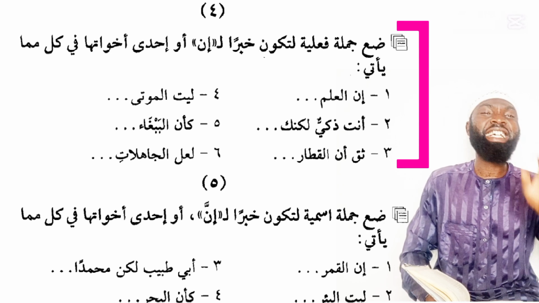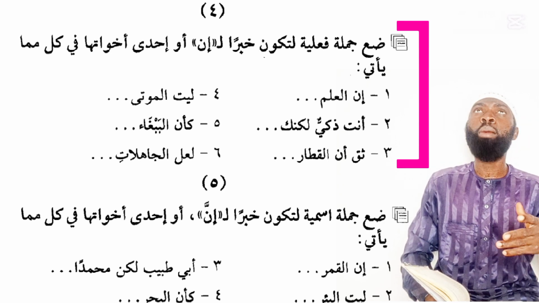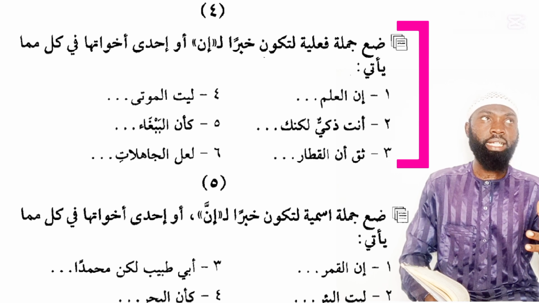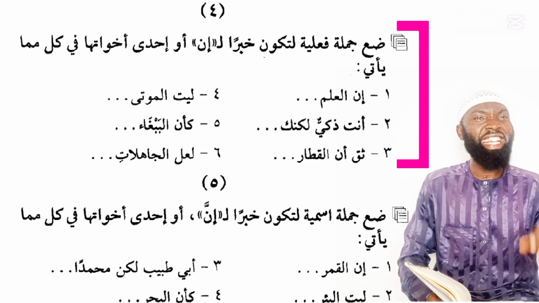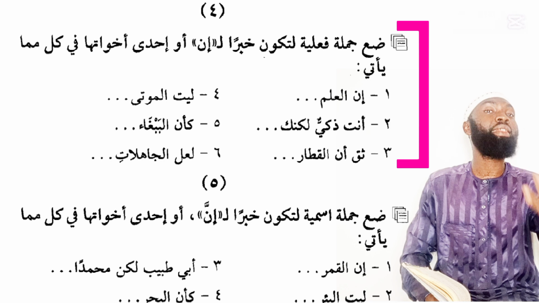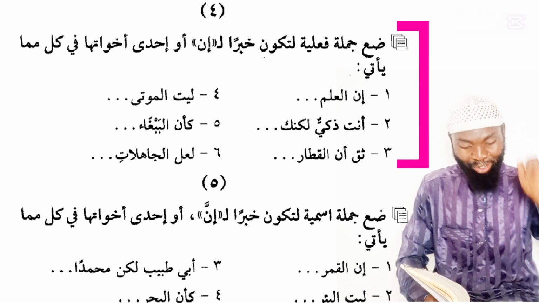Next we have anta dhakiyun lakinnaka. You are brilliant. You are zaki, that is, clever. You are clever, but lakinnaka, you can see lakinnaka tal'abu kathira. But you play a lot. Tal'abu kathira. You play a lot.